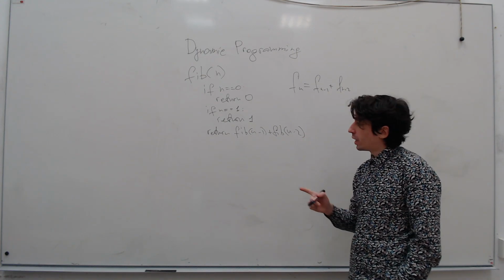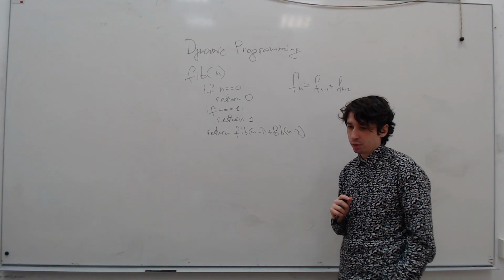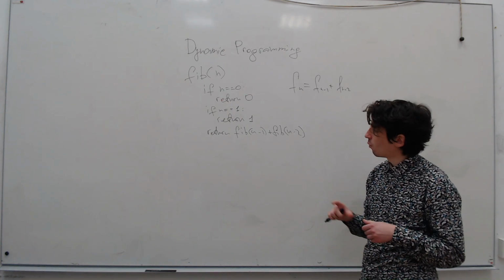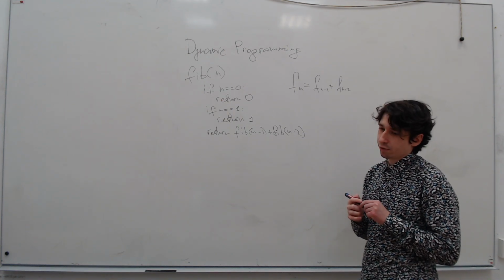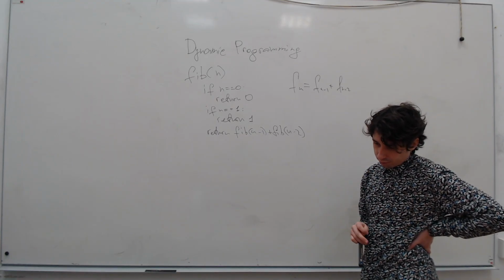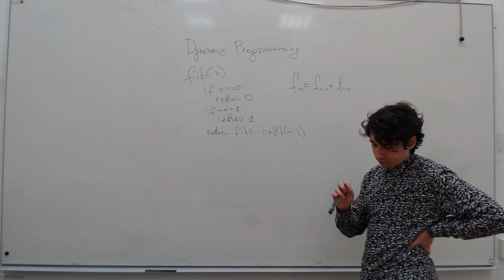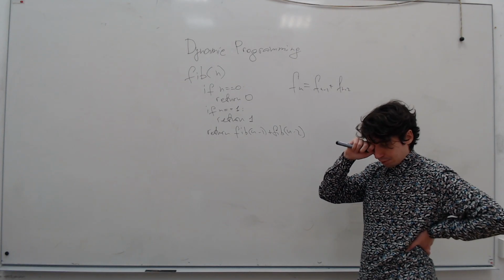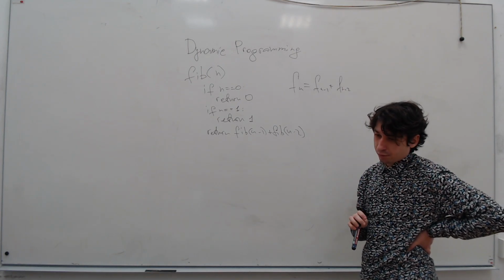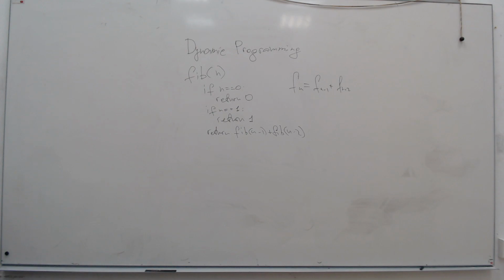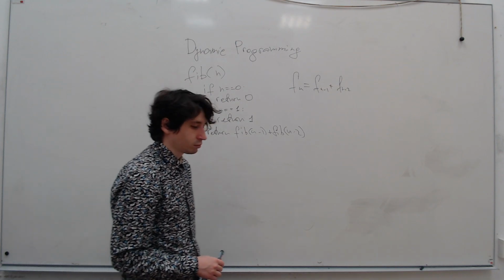Can you tell me why this algorithm will be slow? What is the asymptotics of this algorithm? Maybe because we call two functions in return.